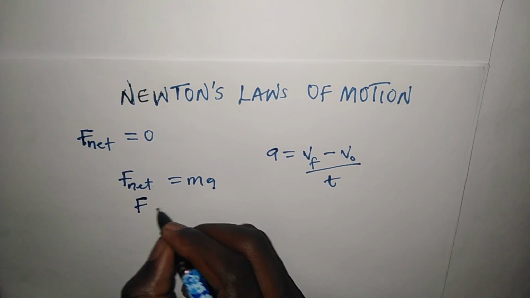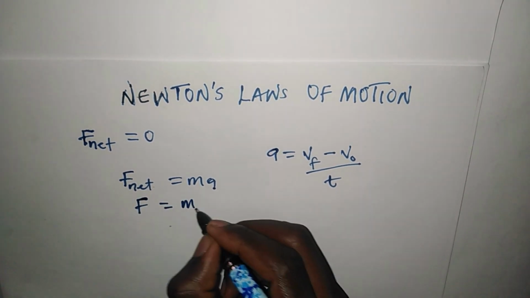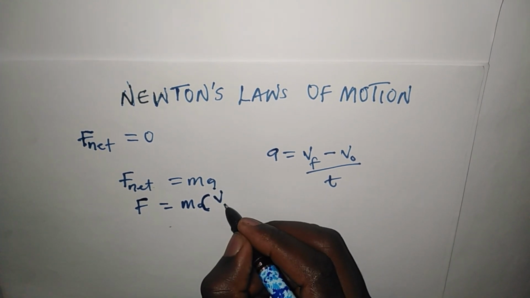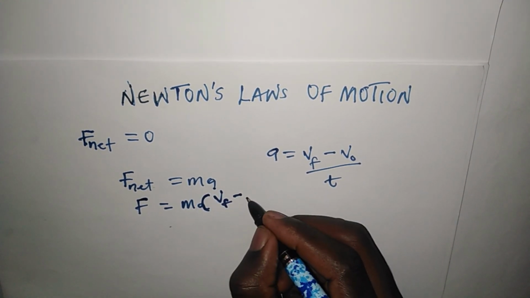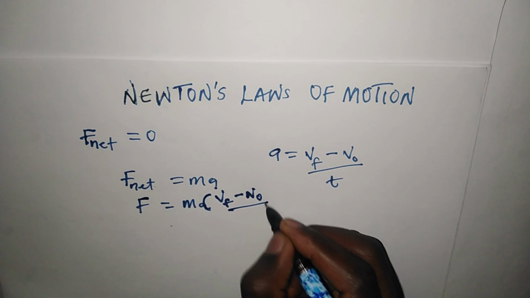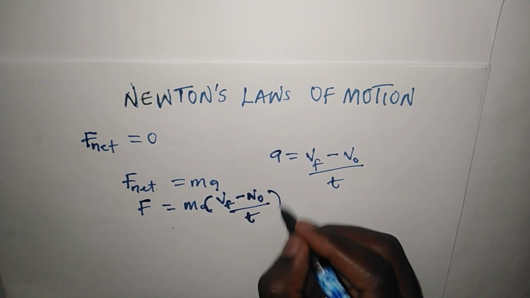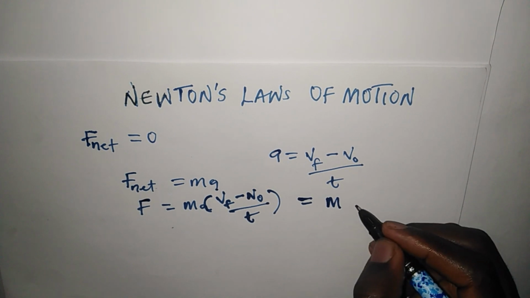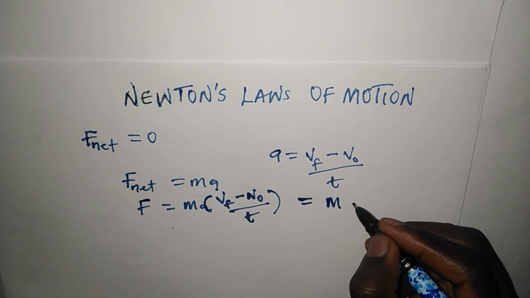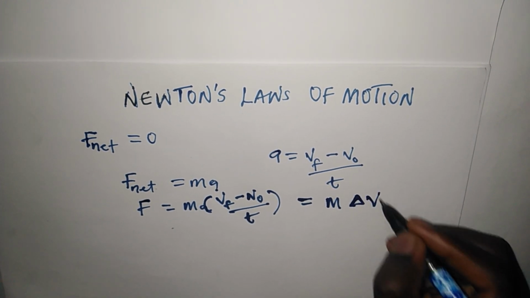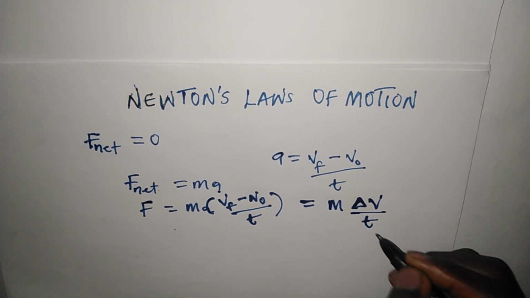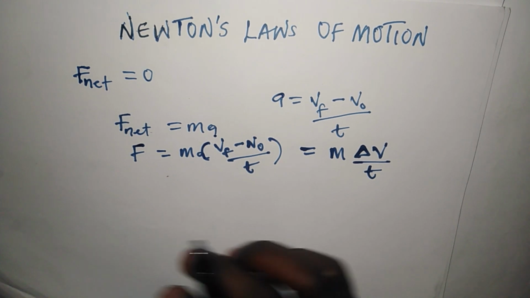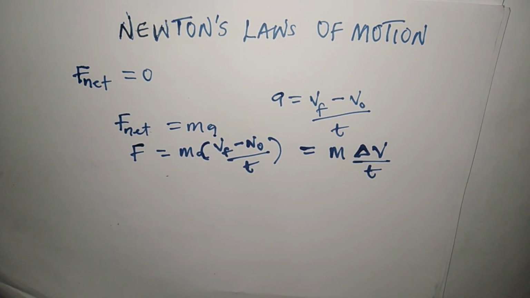So we now have F is going to be equal to m times (V minus V naught) all over t. This can also be equal to m times delta V all over t. You can equally put delta t. Please keep all these formulas in mind.